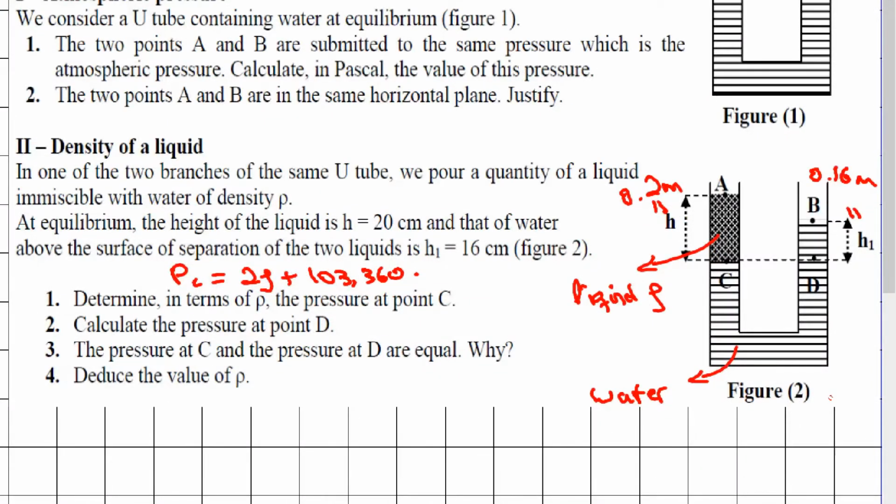And now in number 2 they are telling me to calculate the pressure at the point D. Because they didn't ask in terms of anything, we need to give a numerical value for the pressure at the point D. Now referring to the point D, whenever we are determining pressure, we always look upward. So the point D is submitted to the pressure of this liquid, which is water, and to the pressure at the point B, which is the atmospheric pressure.